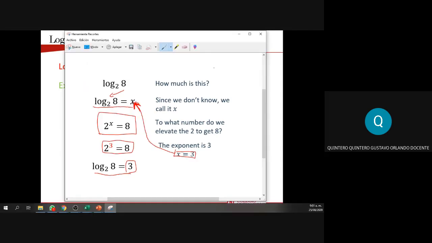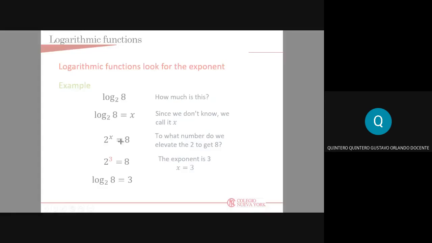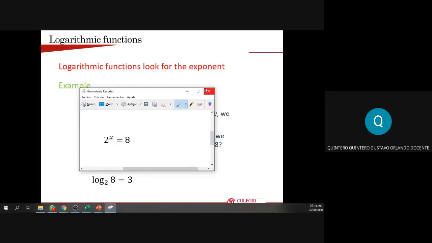Take a look at this. What if I had this equation here? Now, of course, this is a really simple equation. We all can know the value of x from here, right? What is the value that I elevate 2 to get 8? Well, 3.